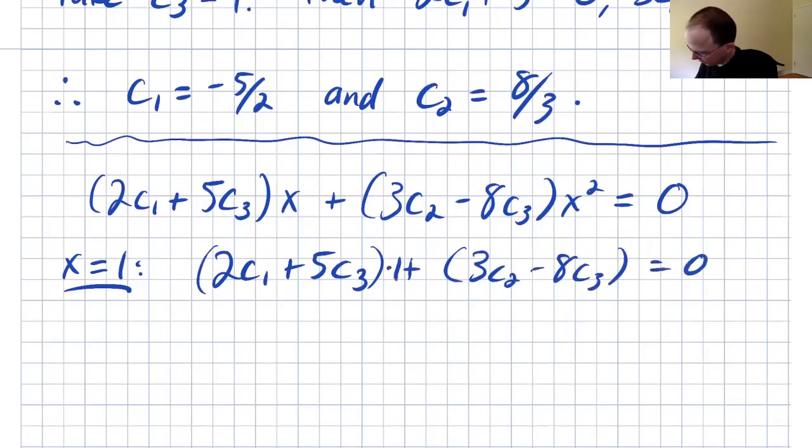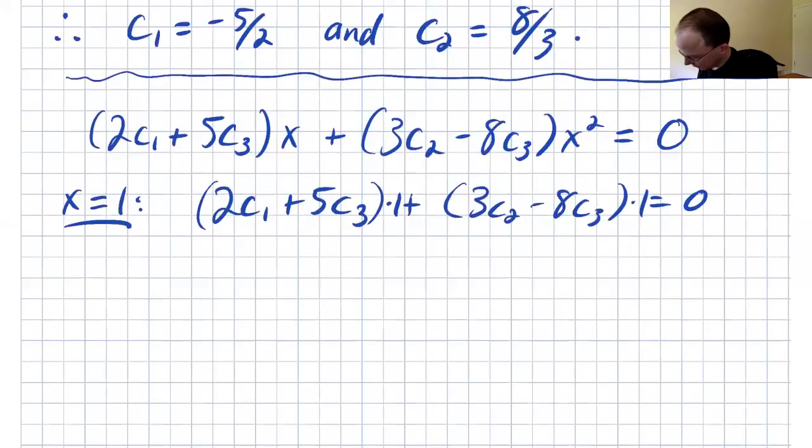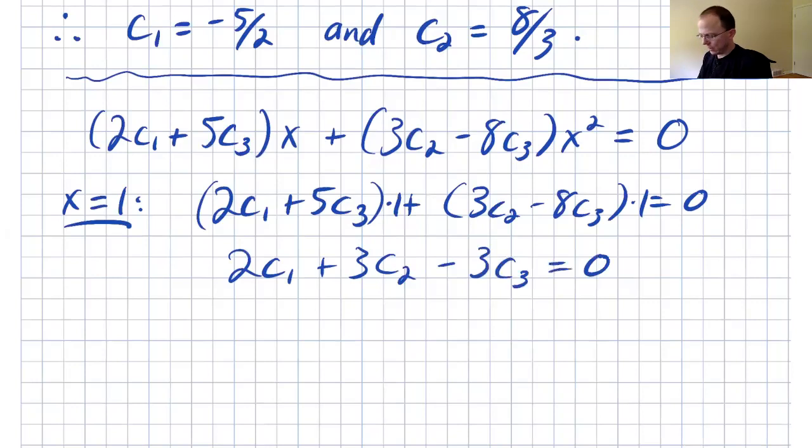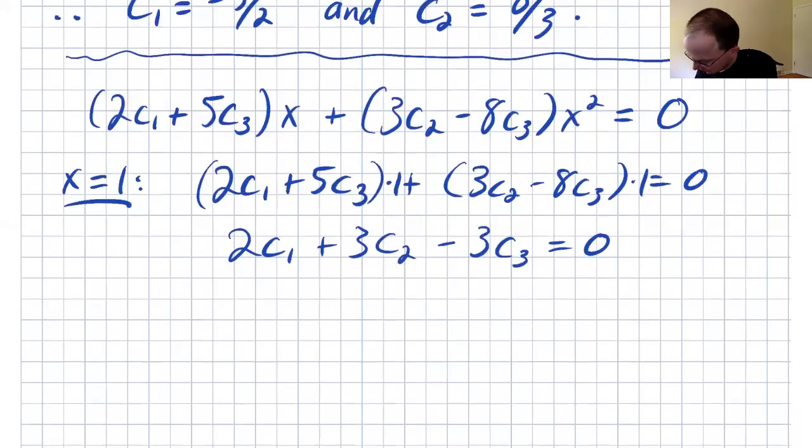What does that give us? That gives us 2c1 plus 3c2 minus 3c3 is equal to 0. So that's one equation. And then we could plug in another value for x.